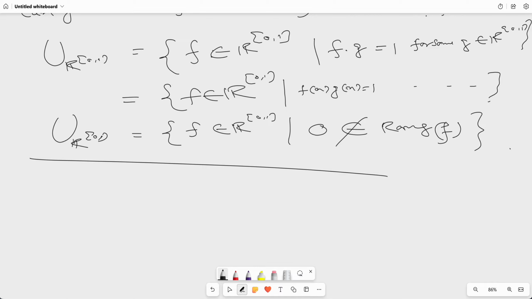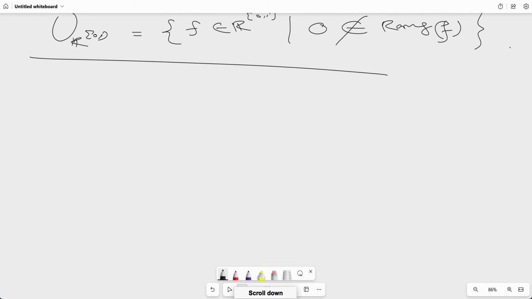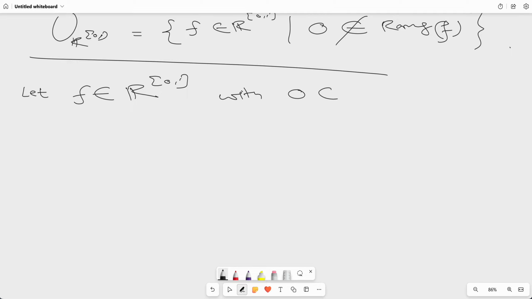So let f be a function on [0,1] with 0 inside the range of f, and f not identically 0. I want to see whether, if 0 is inside the range of f, it will be a 0 divisor or not.